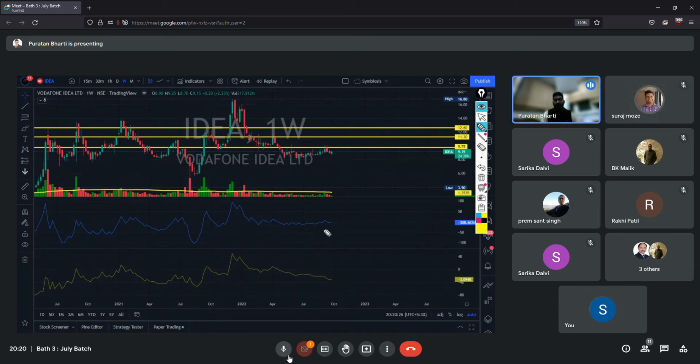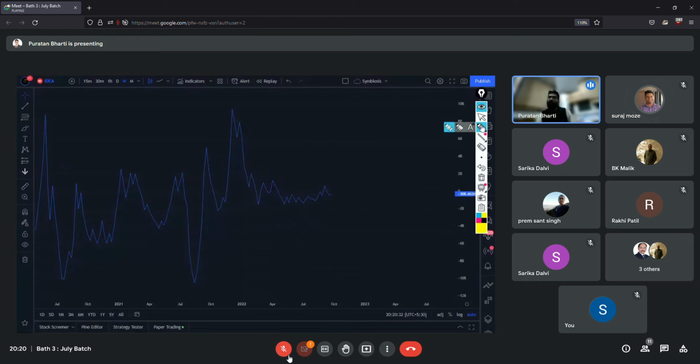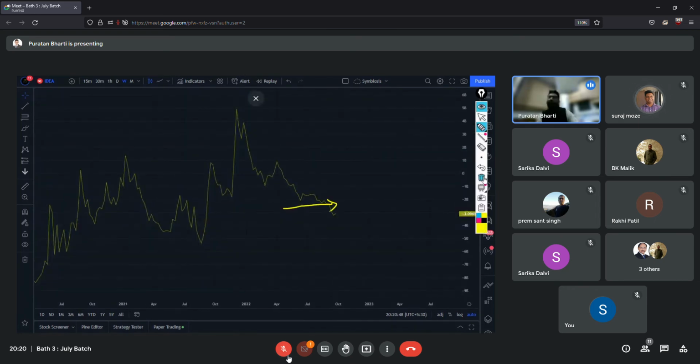So whether you agree this is declining or not, this seems to be at the same level. If you really want to confirm, all you have to do is double click on this one. And do you think that this particular line, which is the OBV line, is heading higher? Maybe still.